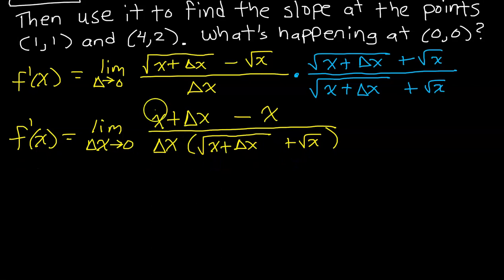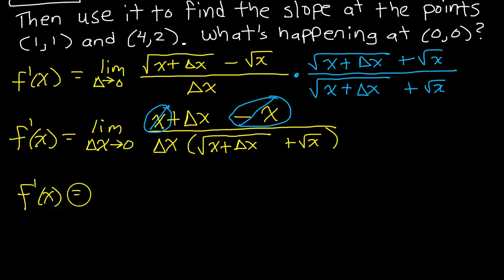Let's keep simplifying. Notice that these terms cancel. I see x and then I see negative x. Those are going to cancel each other out. Recopy. So I have f prime of x is equal to the limit as delta x approaches 0.